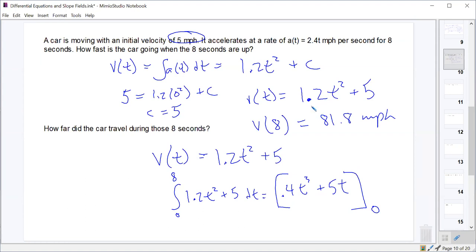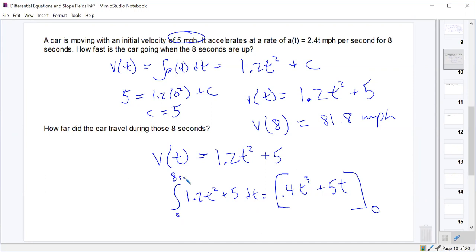And so now our units for time are hours. And so this is 8 seconds. We can't plug 8 seconds into here. If we plug 8 into this, that's going to give us 8 cubed times 0.4 plus 5t, right? That's going to be an astronomical number of miles that we've traveled, isn't it?